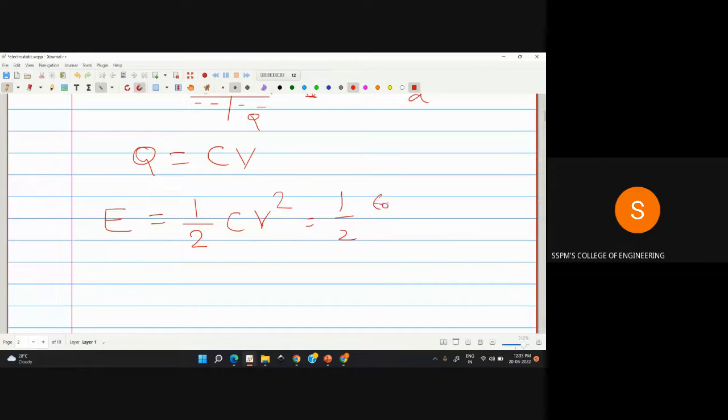C is epsilon 0 A divided by D, isn't it? And voltage is given here as V square. Instead of V square, I would like to write V into V.